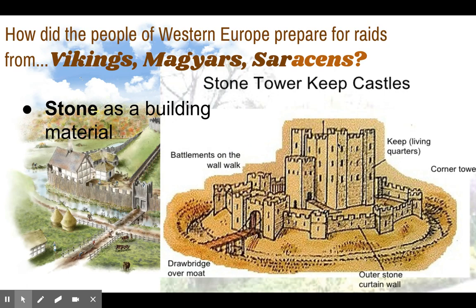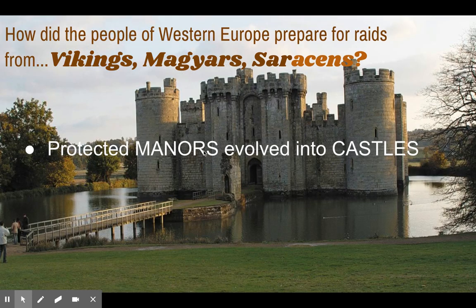So essentially, castles were built up to protect people. And then when the Vikings, Magyars, and Saracens kind of stopped invading, the castles were now a defense for other people in Western Europe, because Western Europe was divided into feudal states.